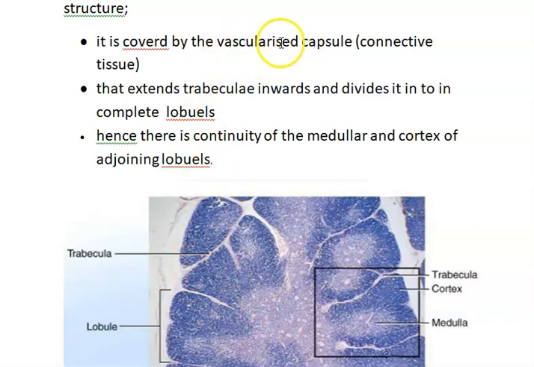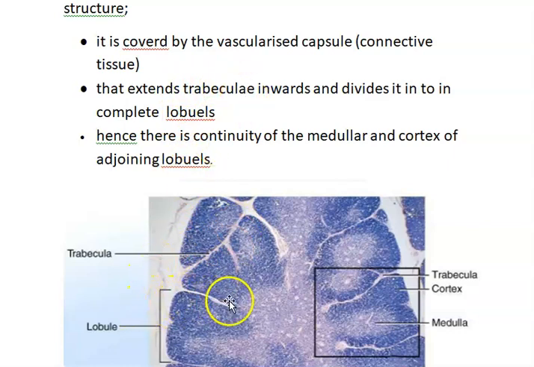As you see here, this capsule is extending; some parts of it are extending into the inside. These extensions of the capsule we call trabeculae.